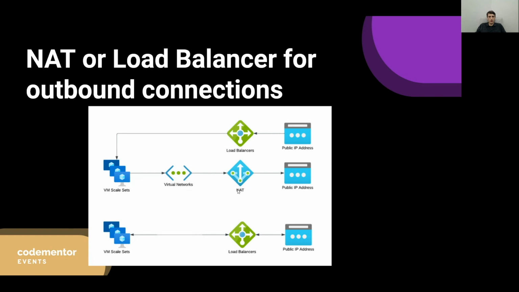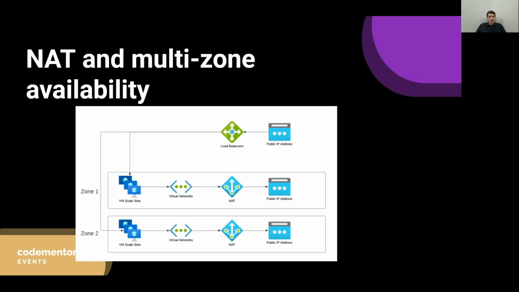If this zone fails, your whole cluster loses the ability to make outbound connections, and that's the problem. To solve this problem, you may use a configuration where you create multiple node pools and assign one node pool to one zone.